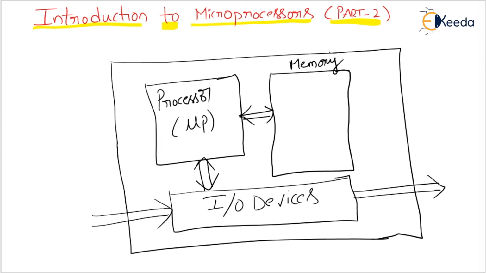In the olden days, we had only primary memory. What are the primary memory devices? RAM, random access memory, and ROM, read-only memory.